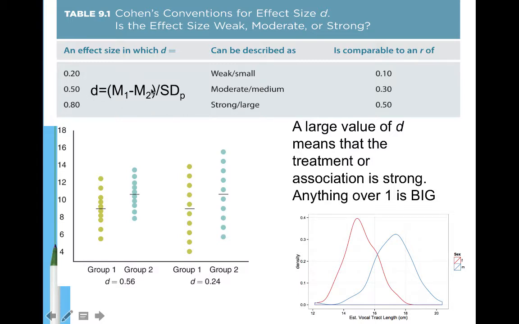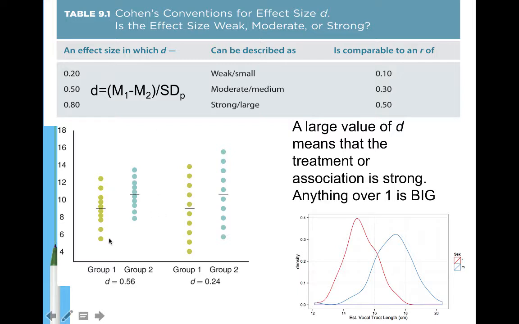So when you have two means, it's oftentimes difficult to decide, well, how big is that difference? And what Cohen said is, well, why don't we decide how big that is using the yardstick of the standard deviation?